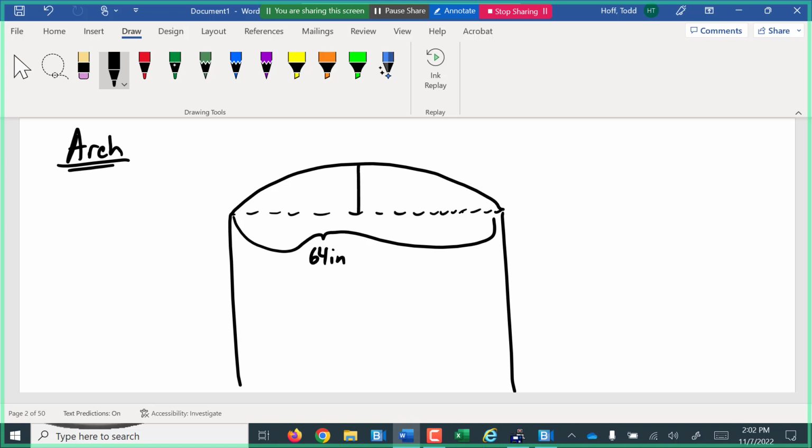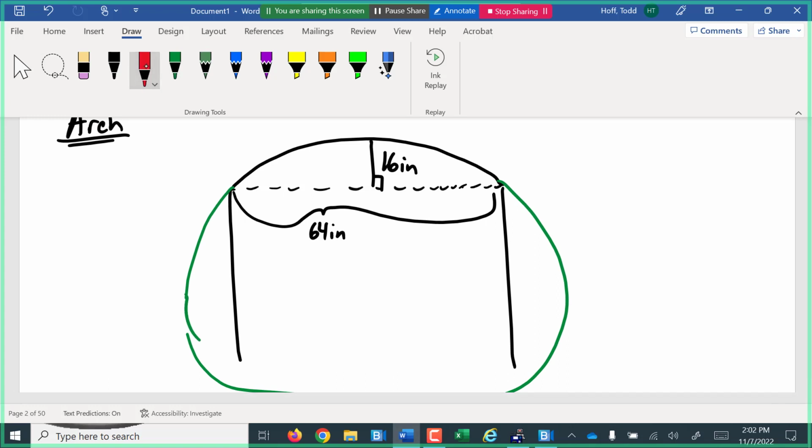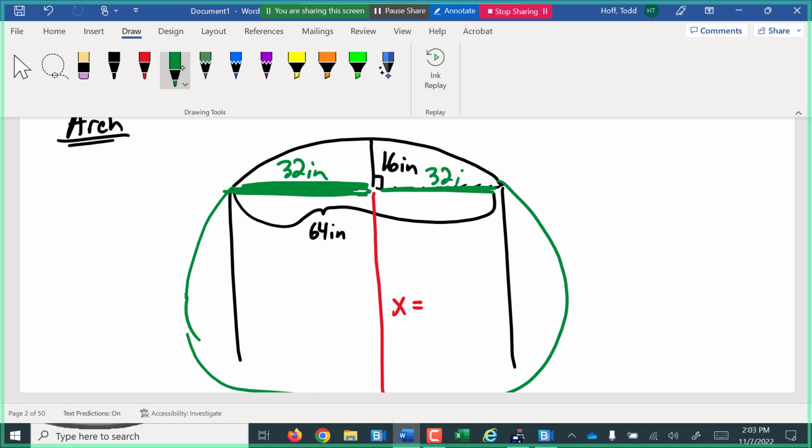Let's make this height here of the arch above horizontal. We're going to make that height 16 inches at the center. So what that means is, and my circle is going to be kind of squashed here, but that's okay, we use our imagination. We can find the length of this piece here, x, because this piece is going to be how long here? 32. So that means this piece is also 32.